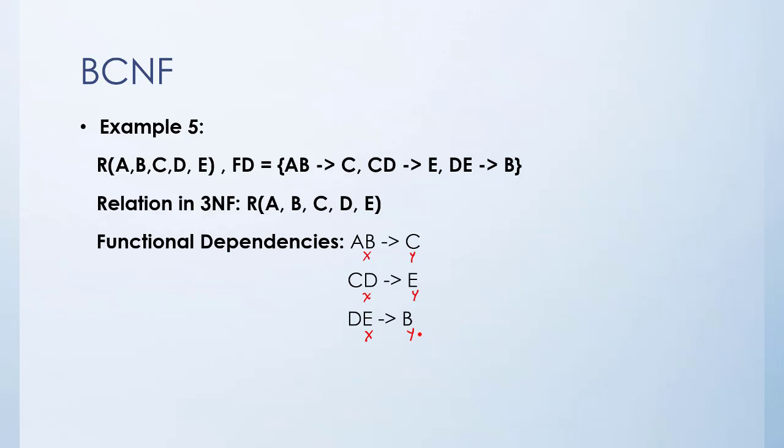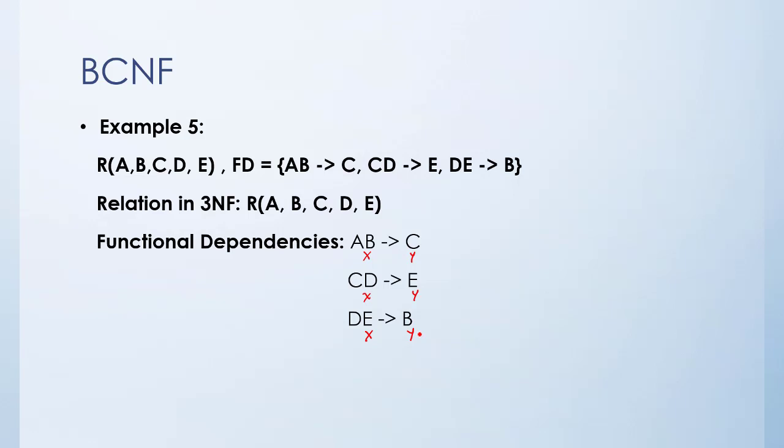Obviously AB, that is X, is not a super key. So the first functional dependency does not satisfy the condition of BCNF. So from here directly we can say that though the relation R is in 3NF, it is not in BCNF. So we need to decompose it into BCNF form.